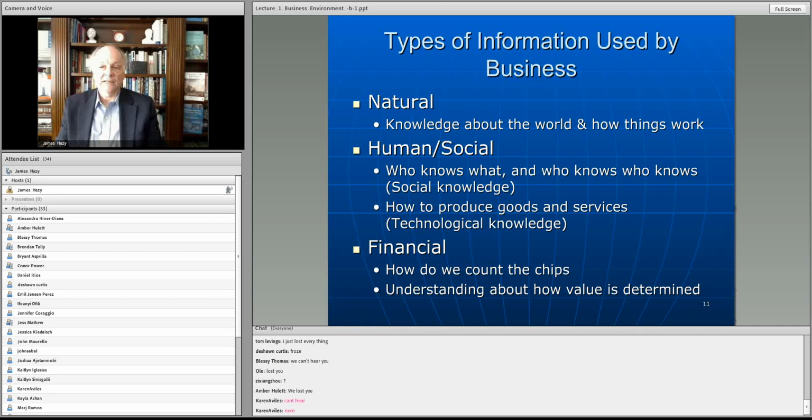And as I said, we'll talk more about that in later discussions when we talk about capital. So there's the actual physical stuff, and then there's knowledge and information about where it is and how it all fits together and how it works. That's what business is about, those things, okay?